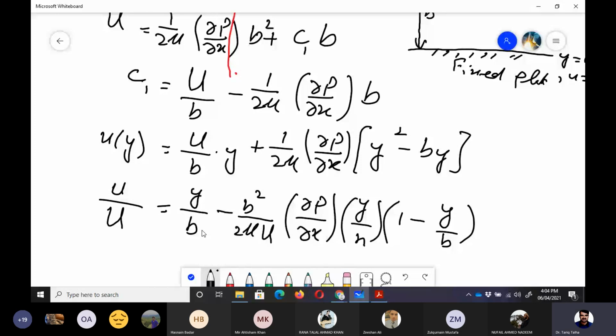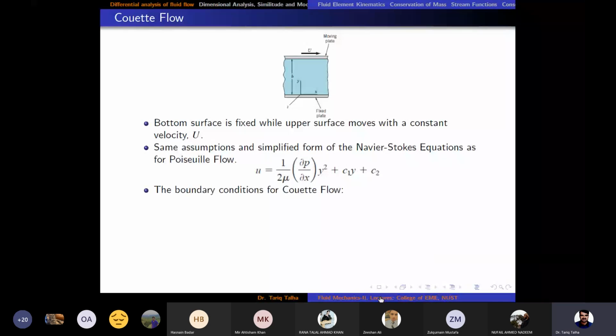So now if we look here, almost all the terms are non-dimensional. So it means that we have written this equation in non-dimensional form. Now I'll show you the slides here.